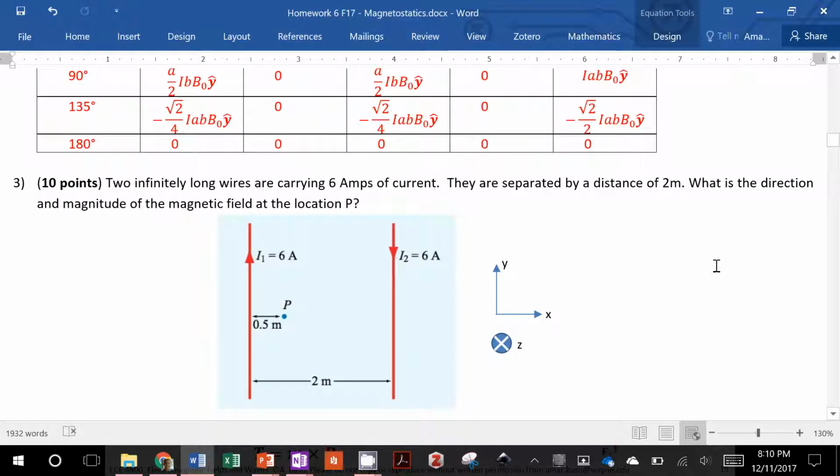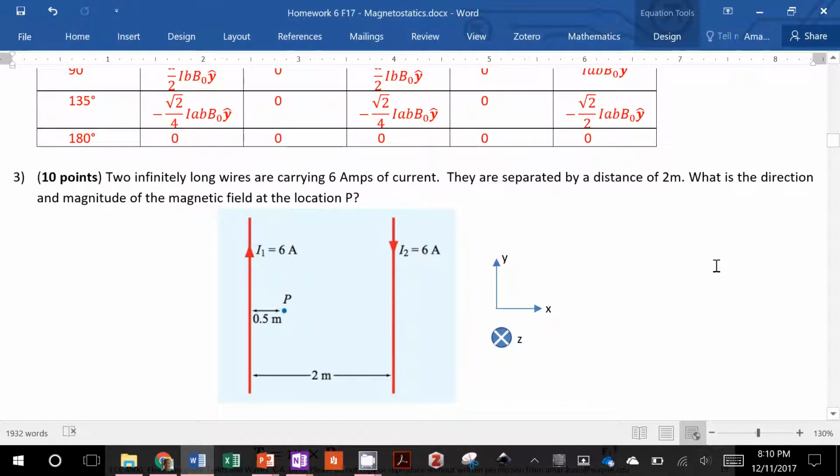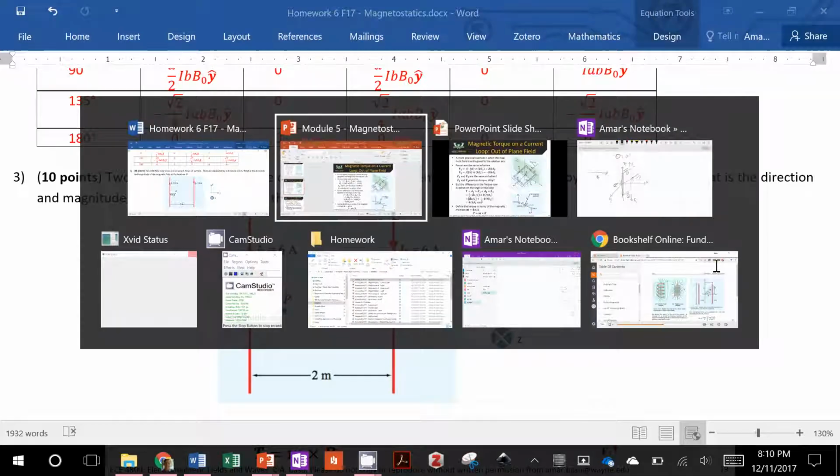I just have a quick question about why it's negative at the angle 135. Yes, because when it's at 135, that means, let's see.